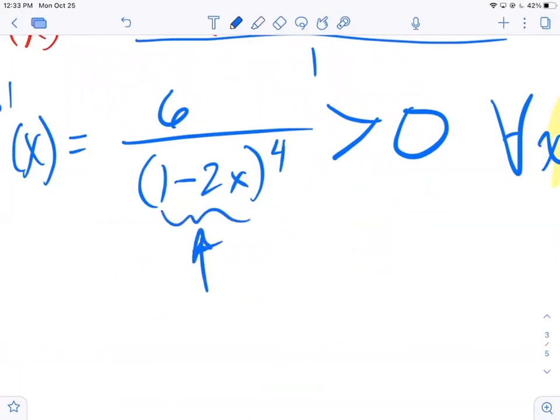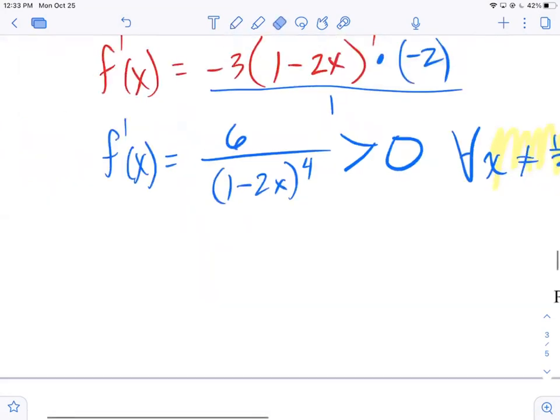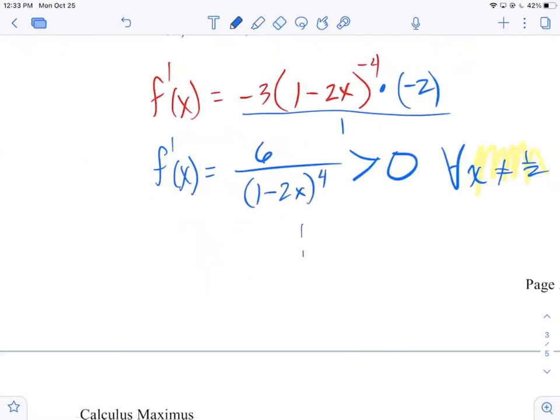If you try plugging in a 1/2 into the derivative, it's going to be like infinity, right? It'll be 6/0, non-zero over 0. It'll tell you the slope is infinite. Or it's approaching infinity, right? Because there's a vertical asymptote there. And if there's a vertical asymptote, what are the slopes approaching? Yeah, as the y values approach infinity, so are the slopes. But as y goes to negative infinity, the slopes are still getting vertical, okay?